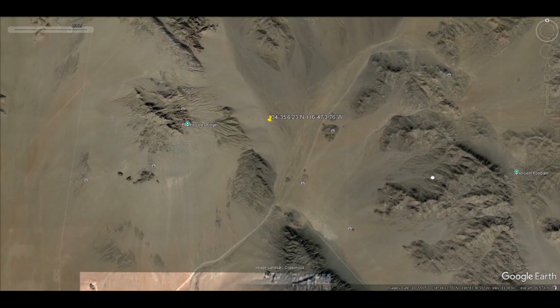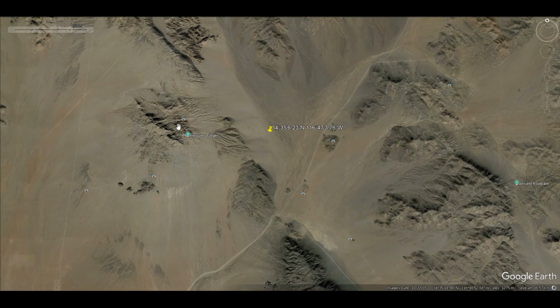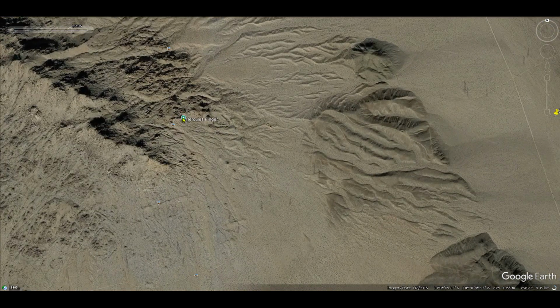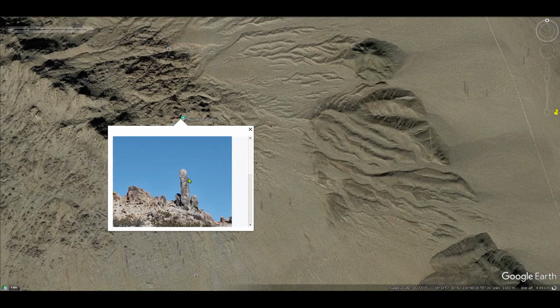We moved to Joshua Tree National Park. We have a monument there called the Fingers of Hercules. It kind of reminds me of, you know what?